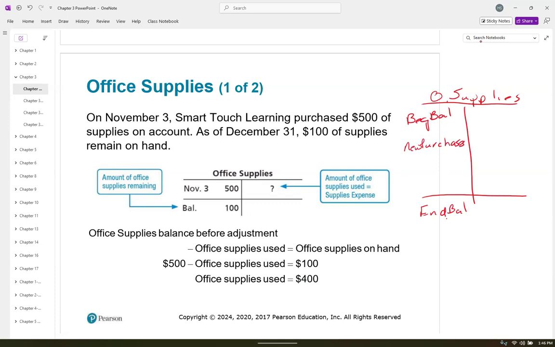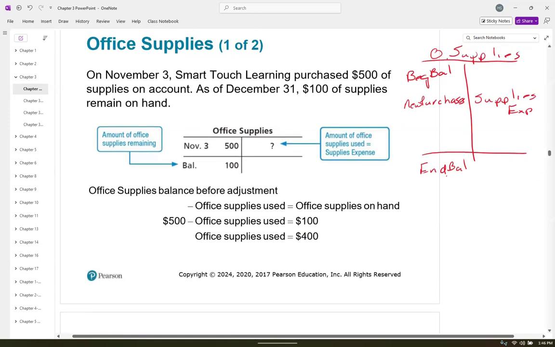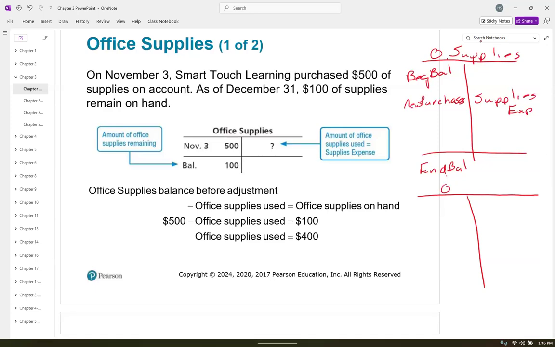What leaves office supplies is the expense. Okay. Sometimes it helps just to put the words into these T accounts. So I'm going to leave that there. I'm not going to erase that. Every time I see a supply problem, I just go ahead and draw myself a T account, because sometimes it's hard to see the tree for the forest, and I can see it better in the T account.